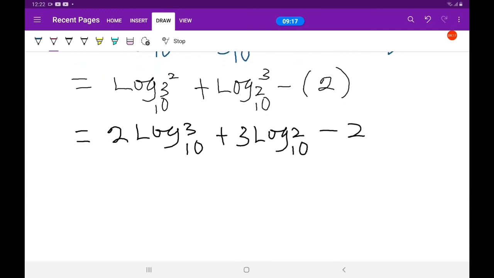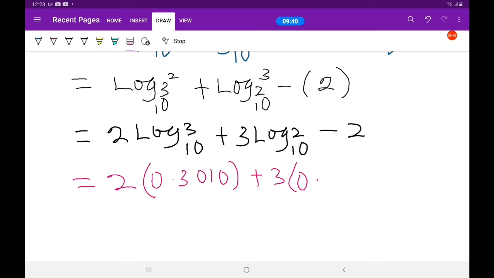So what do we have now? 2 brackets, what is log 3 from our question? 0.4771, I made a mistake earlier. Plus 3 brackets, and log 2 is 0.3010. Minus 2.